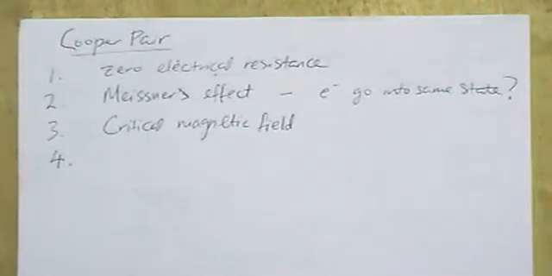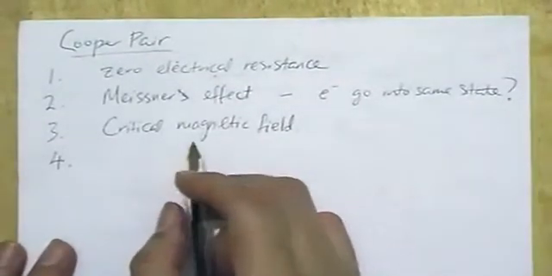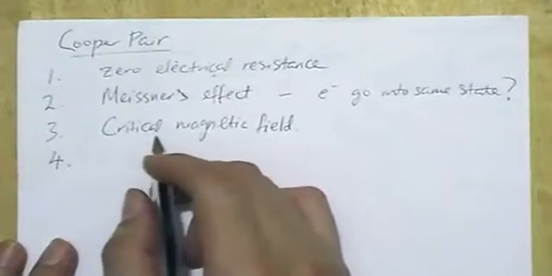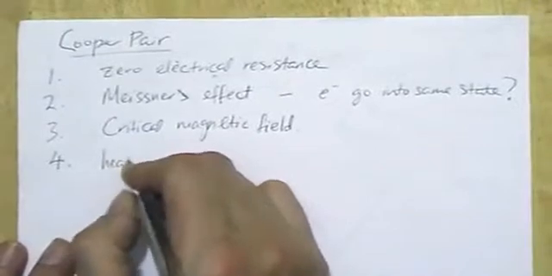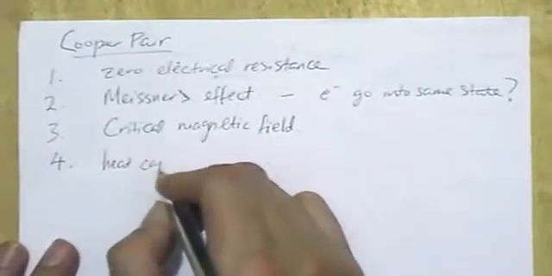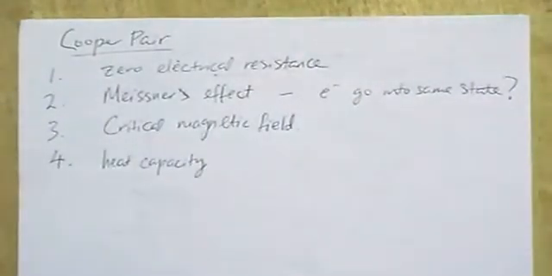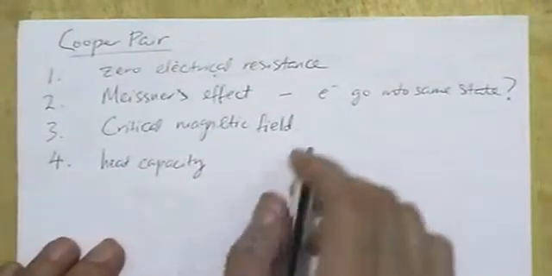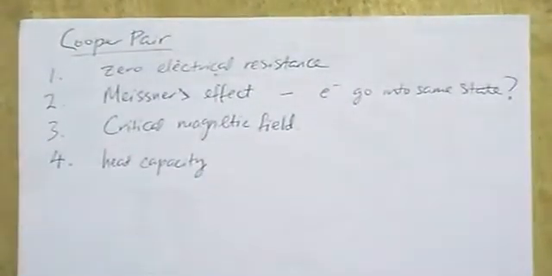Now the next item here is the property of the heat capacity. Alright, for the heat capacity, the property is like this.